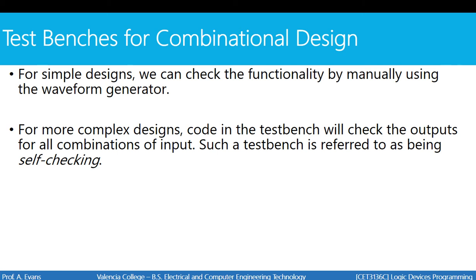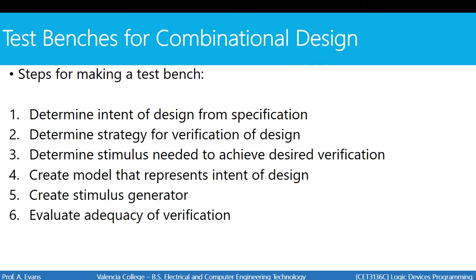And let's say that you have a mod 1,000 counter or something that counts to a very large number. You're not going to want to stare at a waveform to determine if every single one of those outputs is correct. So for more complex designs, the code and a test bench is what we use to check the outputs for every combination of inputs. And that's what we're going to be focusing on today in terms of learning how to write a test bench.